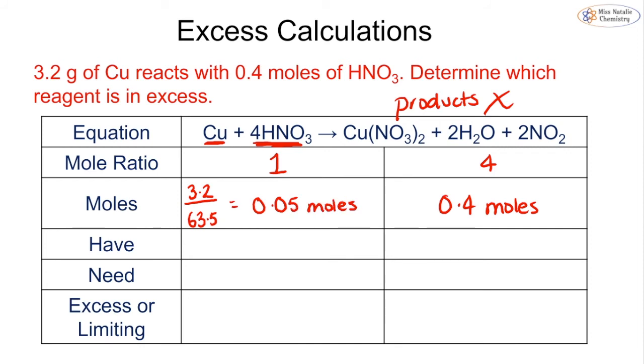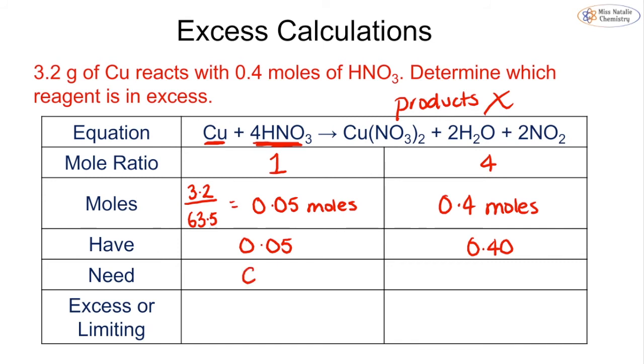And now what we can do is look at what we have versus what we need. What we have is simply the moles that we've just calculated, so 0.05 to 0.40. And when we say need, we are looking at if I want to use up all of one of my reactants, how much of the other one do I need?